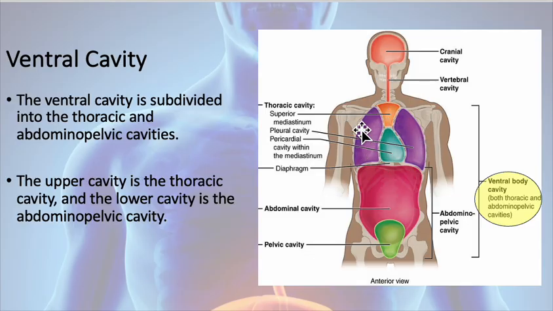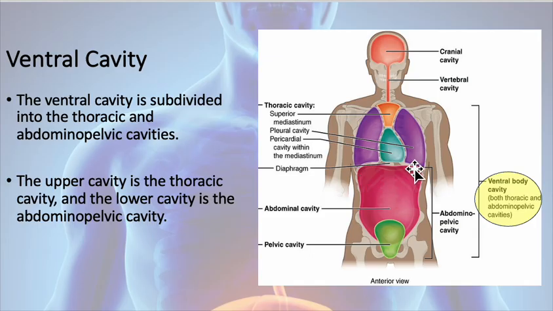Now, this represents the upper cavity of the ventral cavity. And the lower cavity is the abdominopelvic cavity. The thoracic cavity and the abdominopelvic cavity are separated by the diaphragm.